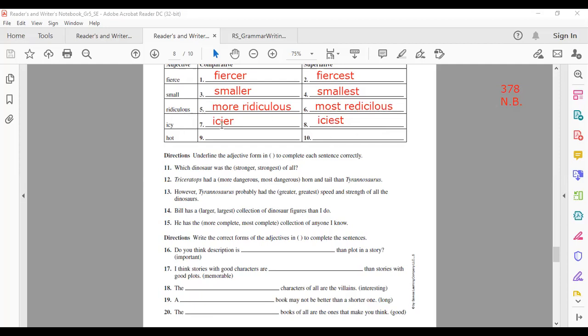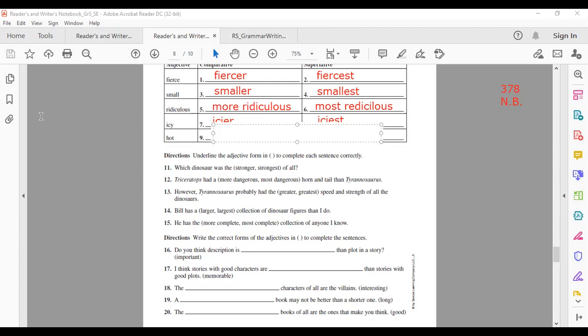Miss, I want to do the next comparative one. Okay, let's go for Haifa. Haifa, are you there, sweetie? Yes. Okay, number 9 for you. Hot. I want to make it comparative. Compare between two people or two things. This cup is hot. I want to compare between one cup and the other.